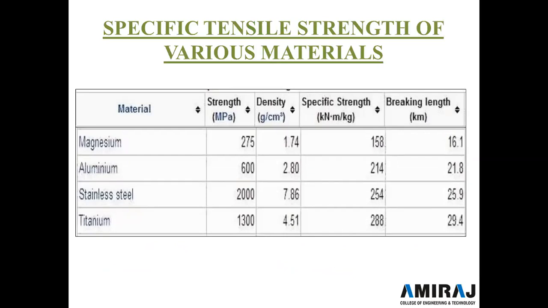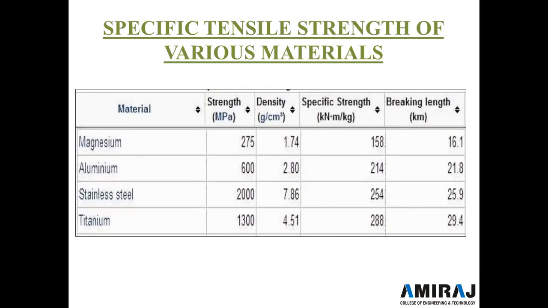Going further, magnesium strength is 275 megapascal. Aluminium has a strength of 600 megapascal. Stainless steel has 2000 megapascal strength, and last, titanium has 1300 megapascal strength. Going further, different types of material have different strength, density, specific strength, and breaking length, right?